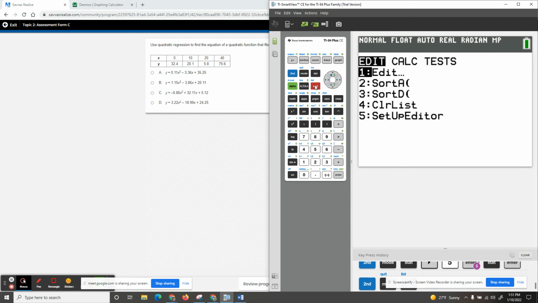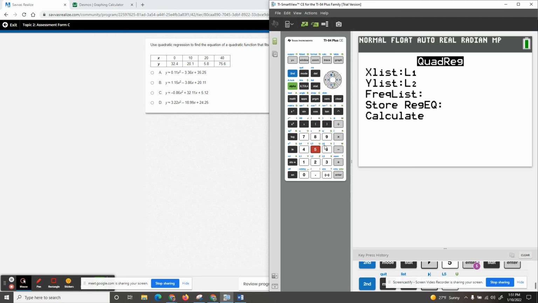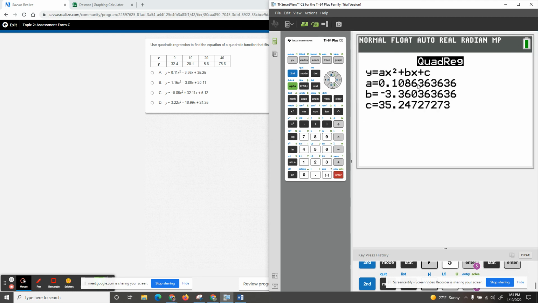Then you hit the stat button again, go over to the calc column, and the 5th thing down is the quadratic regression. So I'm just going to hit 5 and then hit enter. And then it gives you, rounded out to many decimals, the A, B, and C values of the equation that goes through those points. That's what a quadratic regression is. The equation that will go through those points as close as it can get.